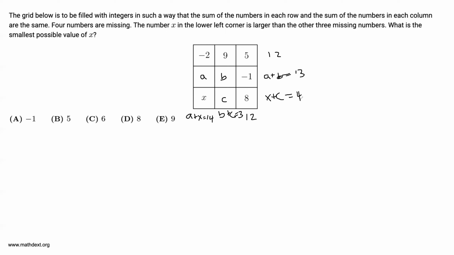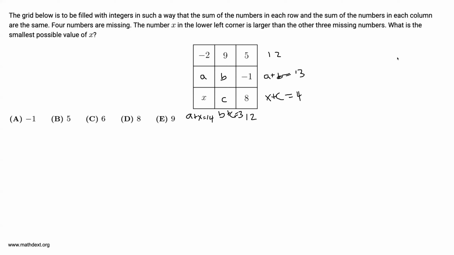So how are we supposed to make X as small as possible? Because what we're given is that X is the biggest of all of these 4 numbers. So X is bigger than A, B, and C. So how can we use that to find out the smallest possible value of X?